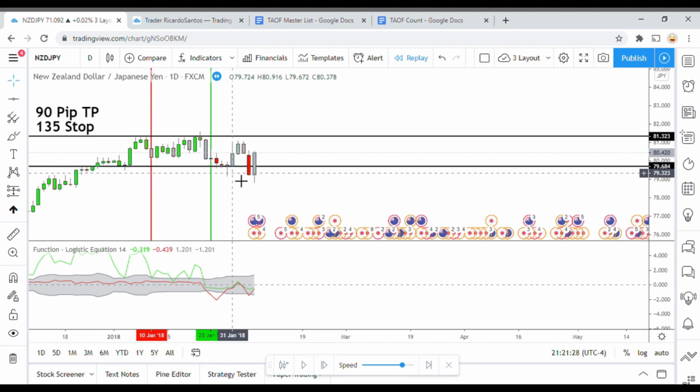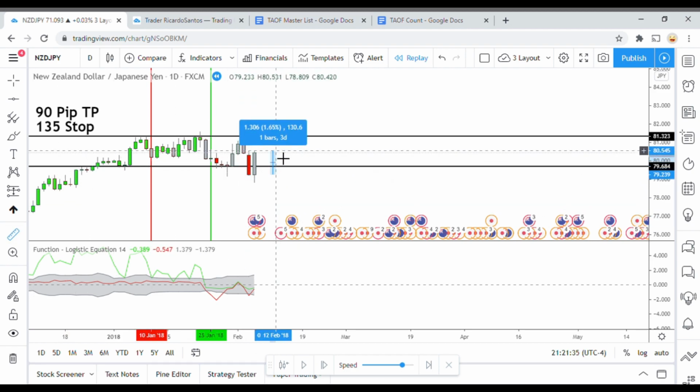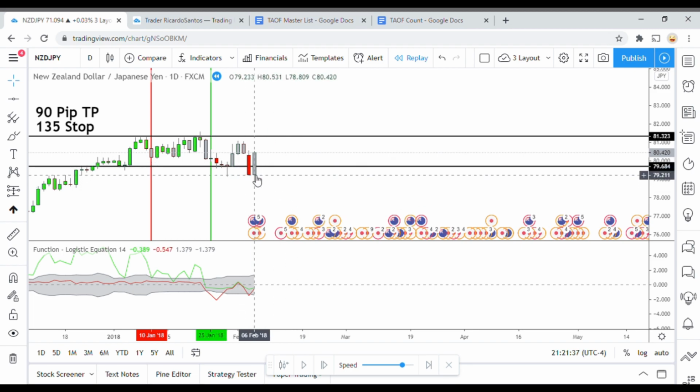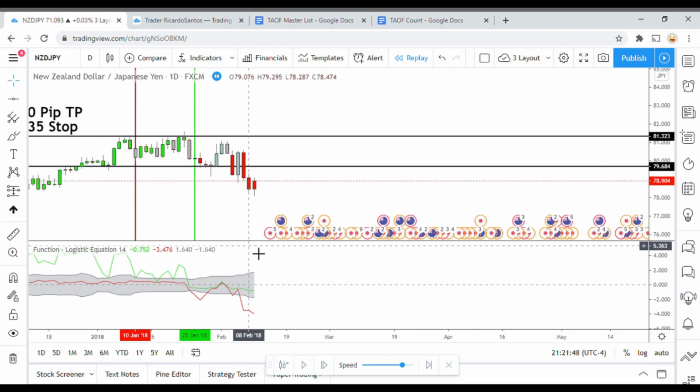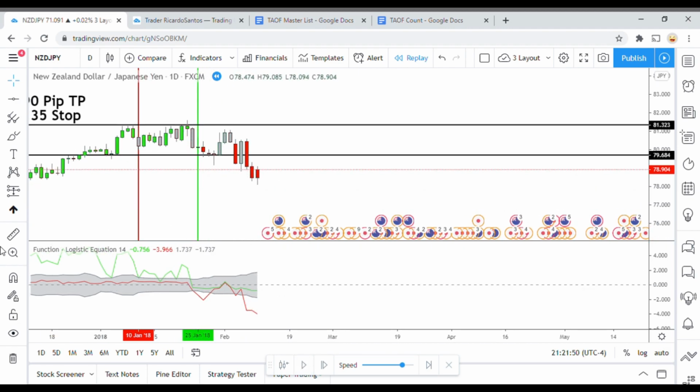So let's see here. We took that trade there. This gave us another short right here. Unfortunately, it shot up, and let me measure that out one more time. Did not stop us out. Boy, that was super close. Oh, wow, look at that.